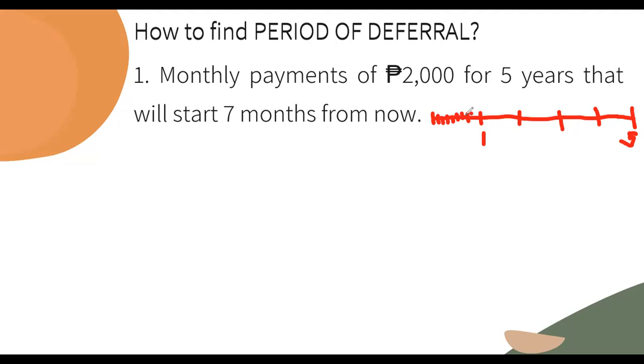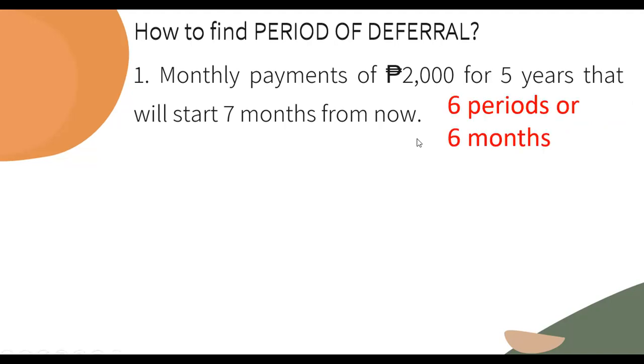Dito pa lang sa ika-7 months, doon ka pala mag-start na magbayad. So anong ibig sabihin yan? Ano ang period of deferral mo? Ilang months ang naging period of deferral mo? Ah, 7 months from now pala. So lumalabas na ang period of deferral, since monthly payments siya, ay 6 periods or 6 months. So yun yung months before ka mag-start ng payment. Okay. So kapag ganitong case, madali lang. It's always N-1.